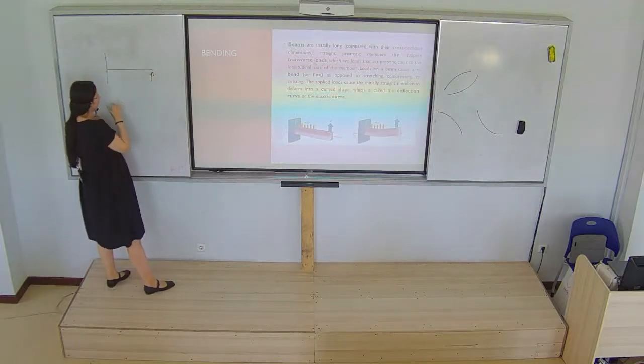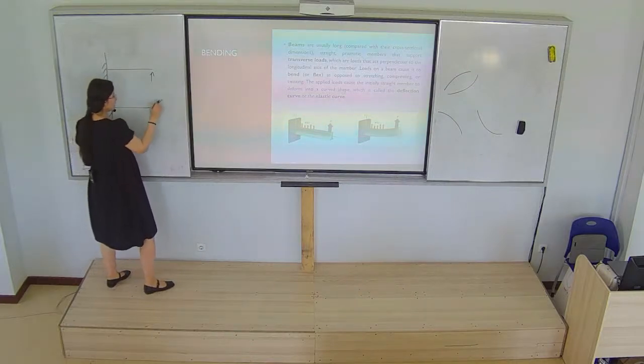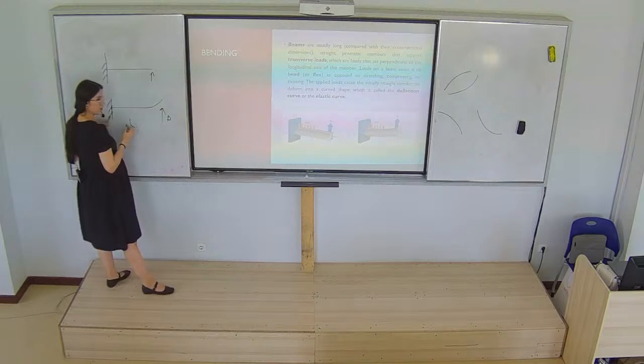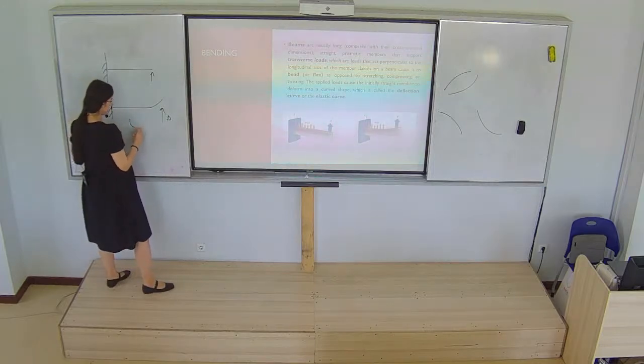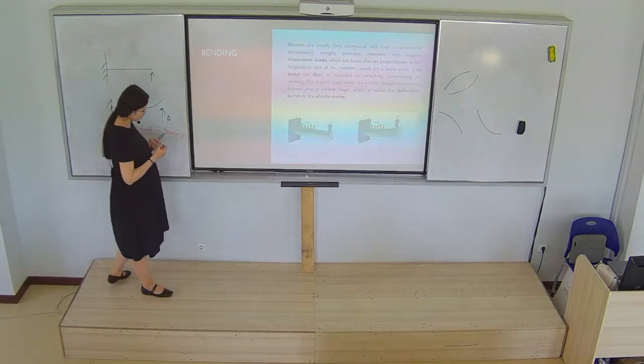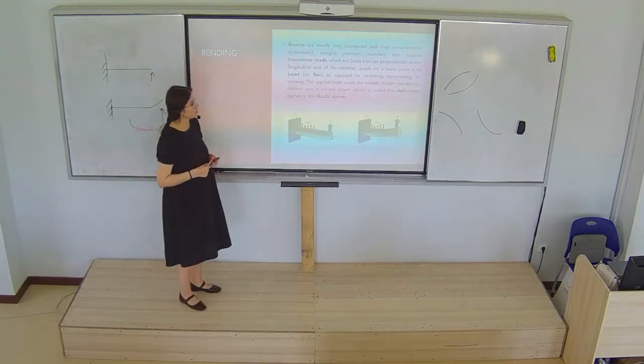This one is before bending, and this one is after bending, it will change its position, something like that, yes? And this one is an example of bending. Please write down as soon as possible.